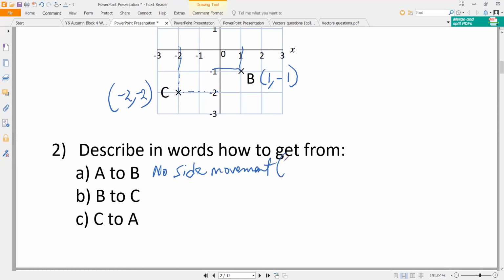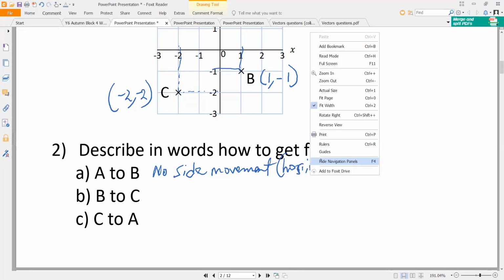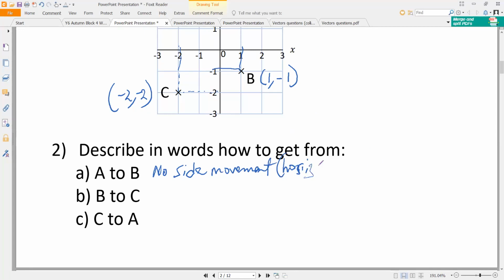You can call it no horizontal movement. So 0 horizontal movements. But we moved how many steps down? 3 steps down. So this is just normal descriptions.